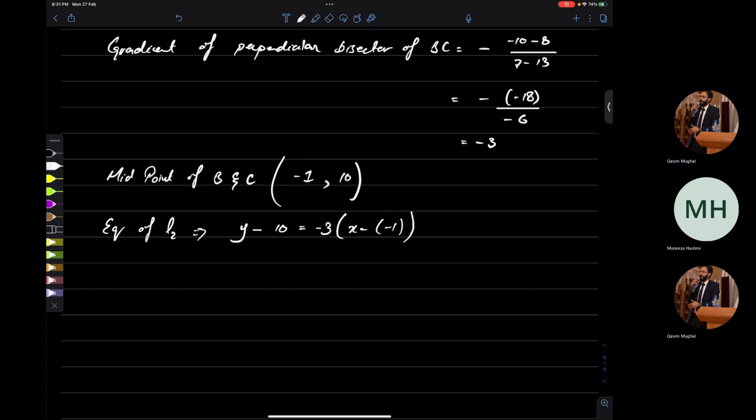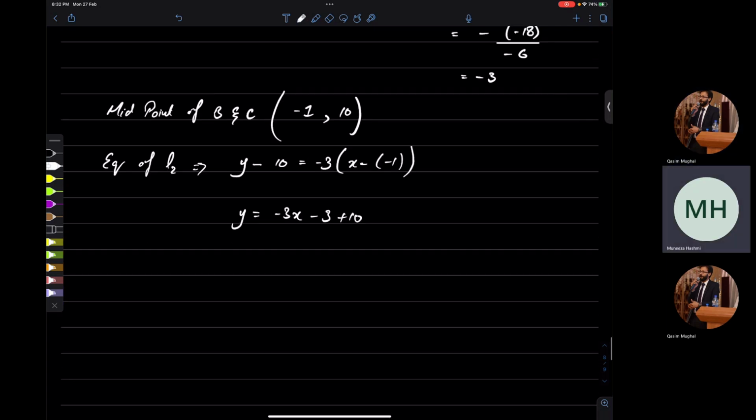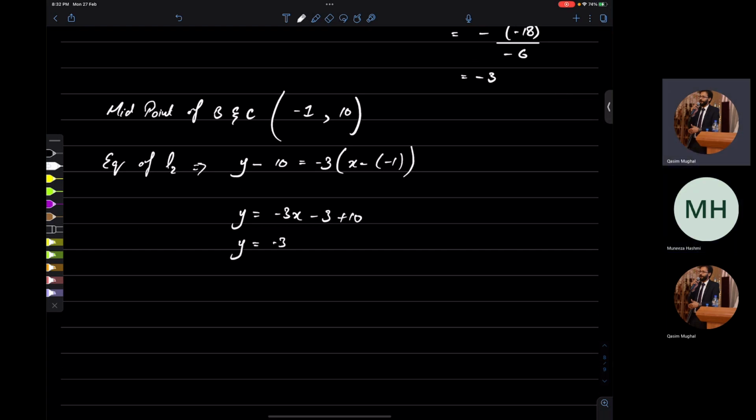Okay? Yes, sir. And this will leave you with -3x plus, and then plus minus is -3 plus 10, which is actually -3x plus 7. So that is our second equation.